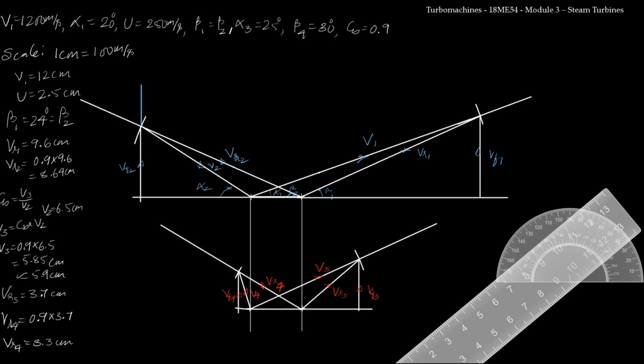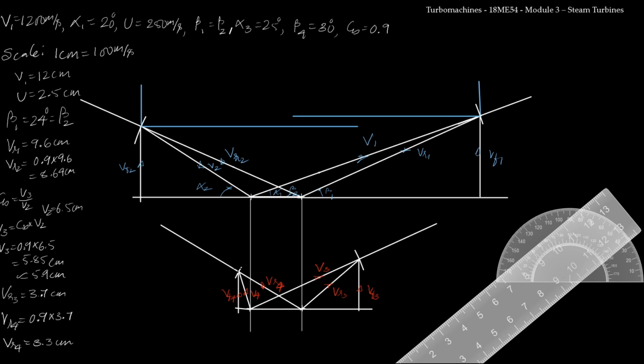So to measure delta Vu for the first stage, I will draw vertical lines from here, and to measure delta Vf for the first stage, I will draw two horizontal lines from the apex of the inlet and outlet velocity triangle.